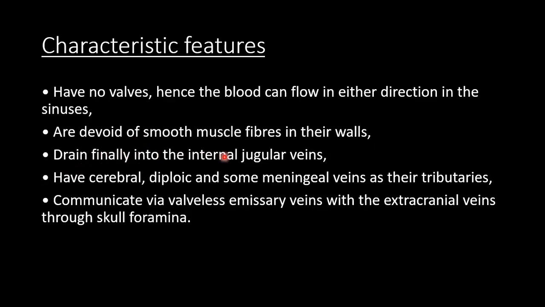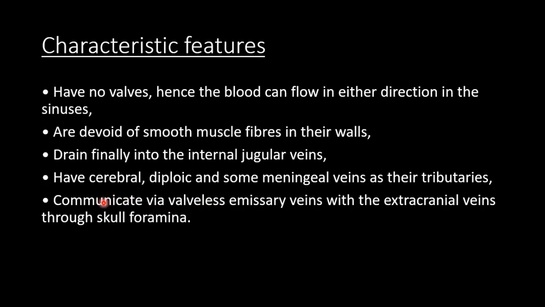They drain finally into the internal jugular veins. All of them will drain into the internal jugular veins, but we have some like the basilar venous plexus, which can communicate with the internal vertebral venous plexus. Now, they have cerebral, diploic, and some meningeal veins as their tributaries.